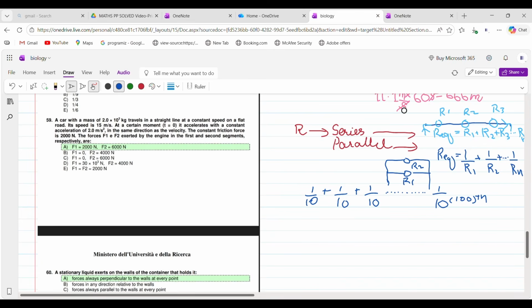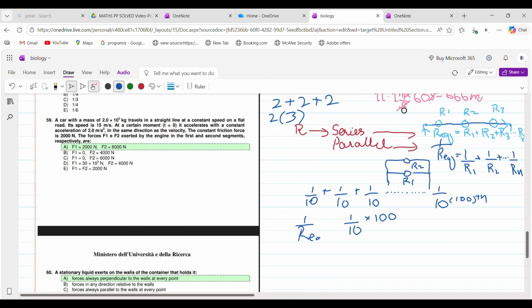So I have to add 1 by 10, 100 times, which means I can multiply it by 100, right? Basically, if you want to add 2 three times, you can definitely multiply 3 by 2. This is what you guys do, right? So 1 by 10 into 100, this is very simple. Now we are finding the equivalent resistance, and that is 1 by R. So 1 by equivalent resistance is equal to 100 by 10.